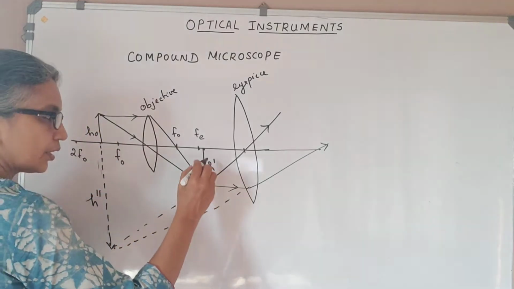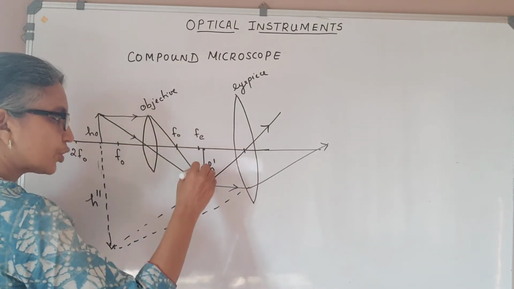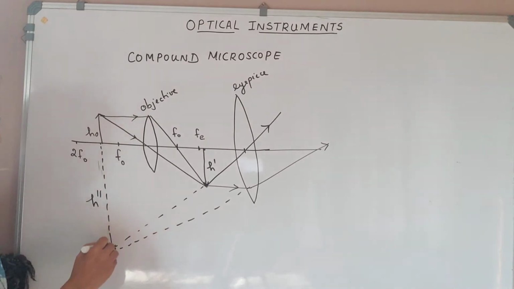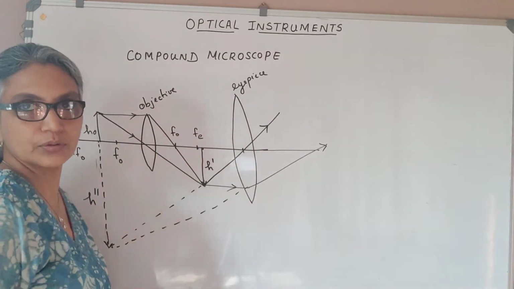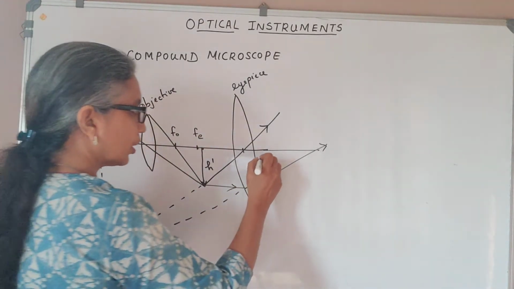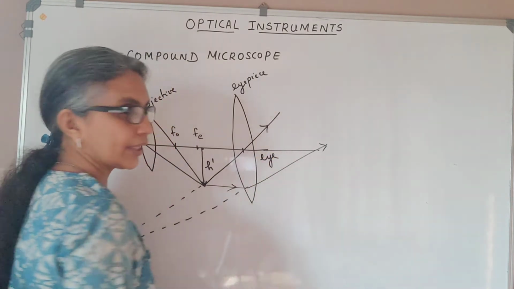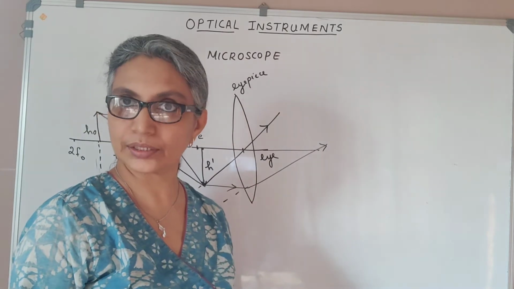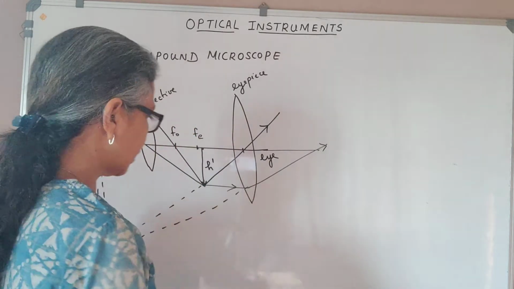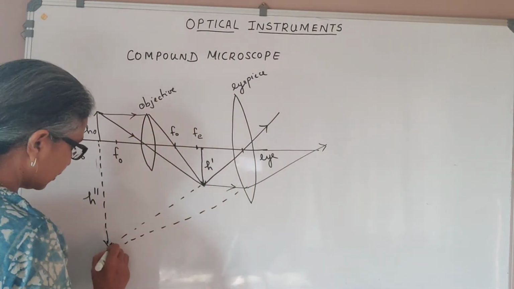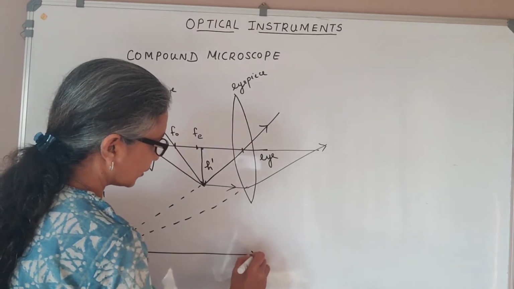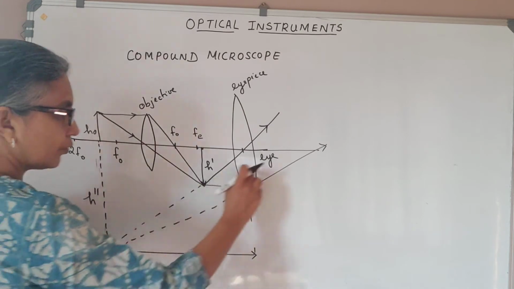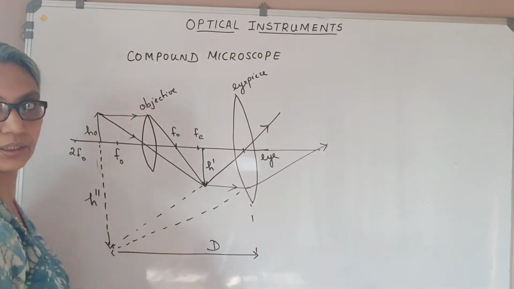Then this is the first image of the objective, which behaves as the object of the eyepiece, and the H double dash is the image of the eyepiece. And you're looking at this image from here. This is your eye. So I told you the final image should be formed at D or at infinity. So since these two are meeting here, this distance from the lens must at least be equal to D. Only then when you look from here, you can see a clear image.